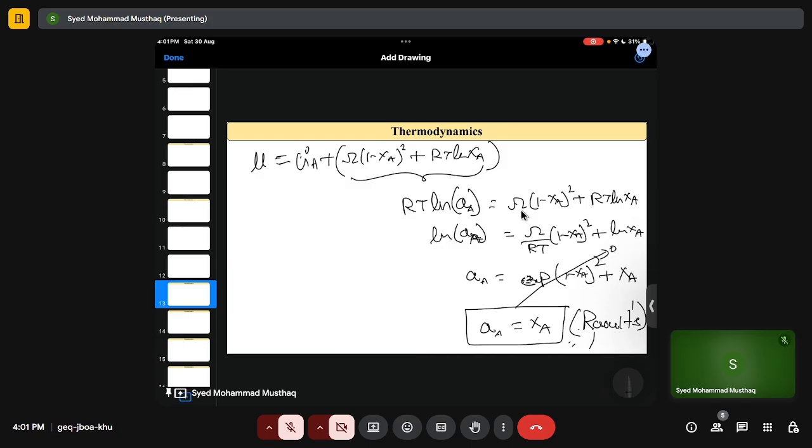So what does Raoult's law say? The partial pressure of a component, suppose this is my solution, this is the gas above it, everything is in a container, right?